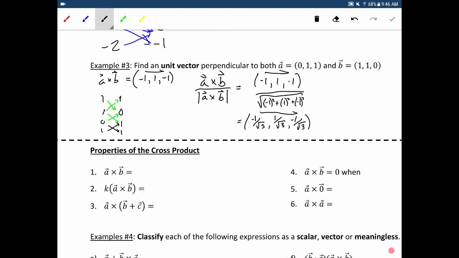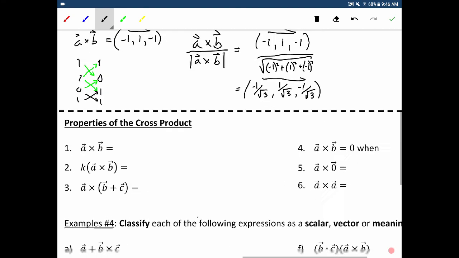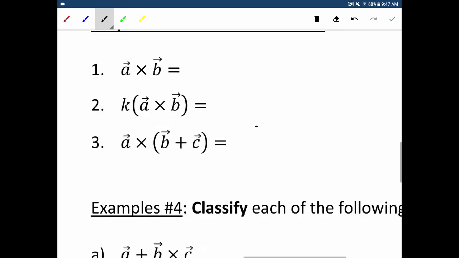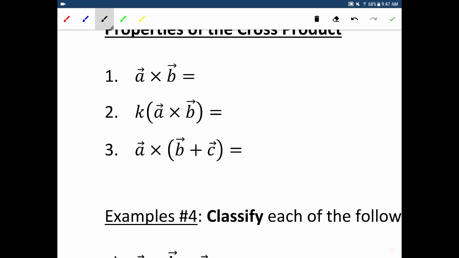matter right now. Okay, so like the dot product, there are several properties of the cross product. There's actually only 6 though, so it's a little bit better than the dot product. So, rule number 1. You may remember from the dot product, I said that a lot of those properties seemed obvious.